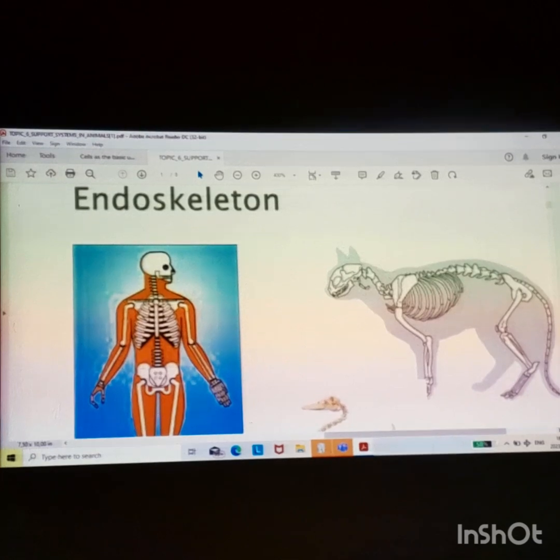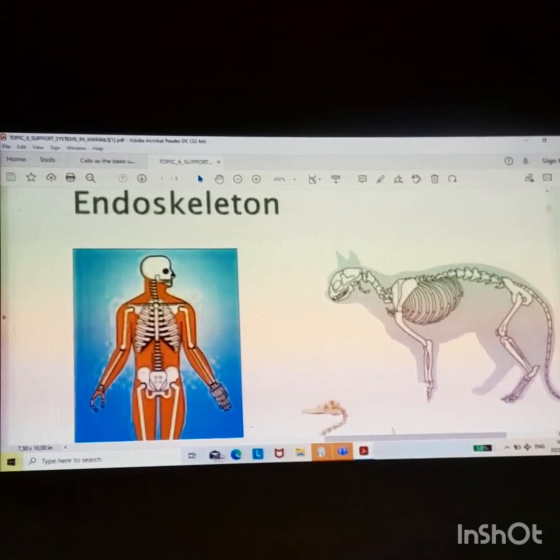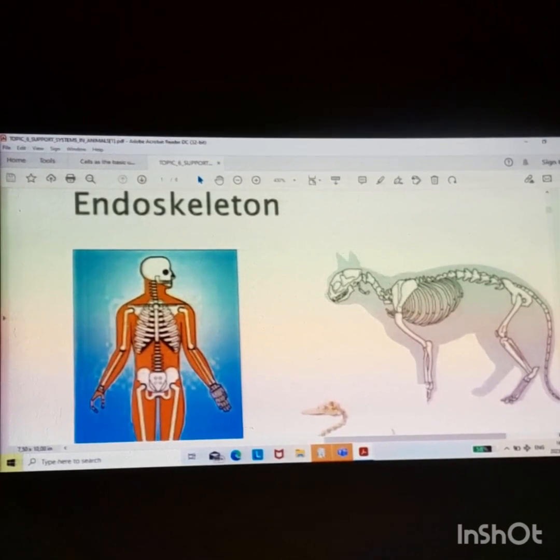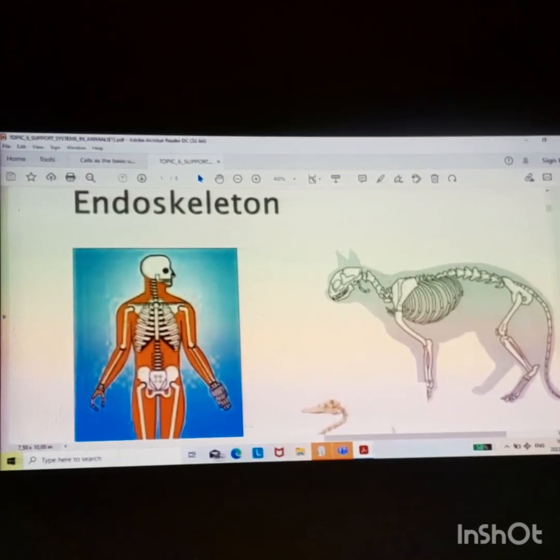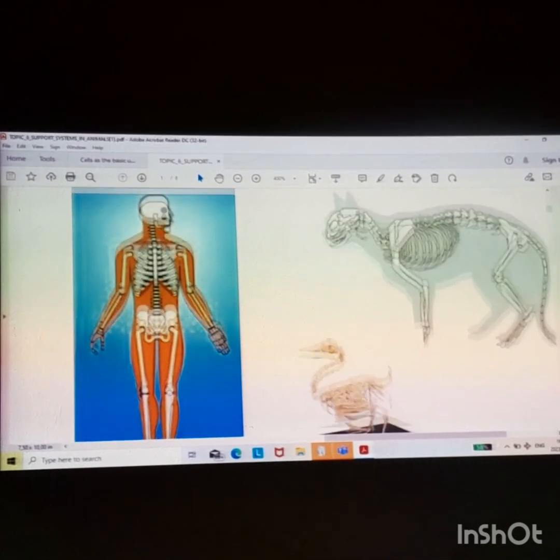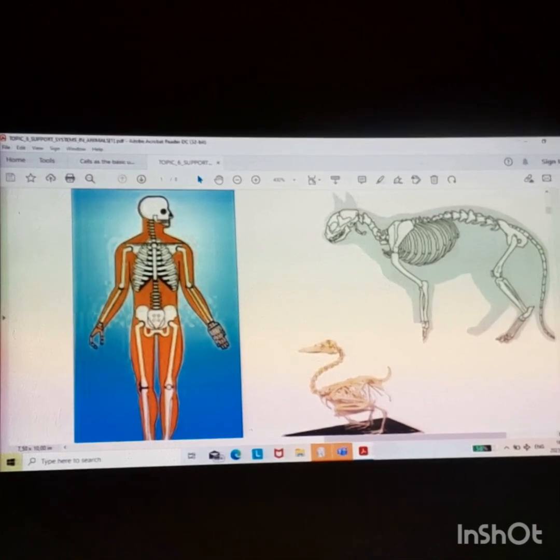And the disadvantage of an endoskeleton is that they are vulnerable to drying out, meaning that those organisms are very exposed to drying out. Let's look at our body.